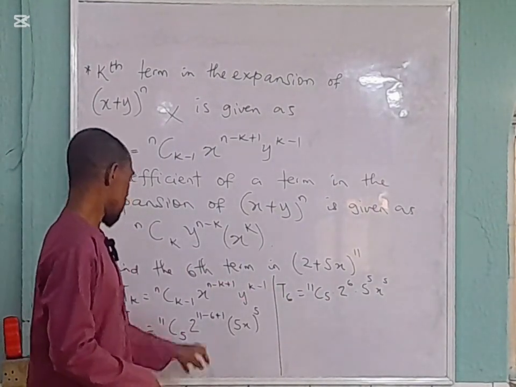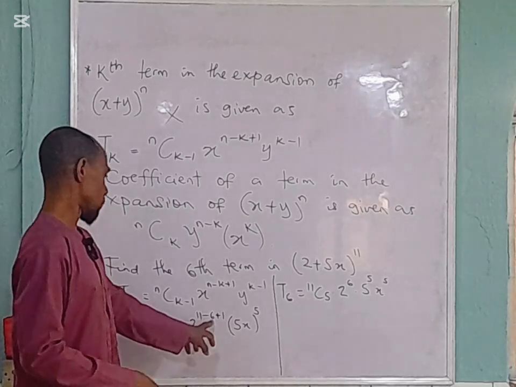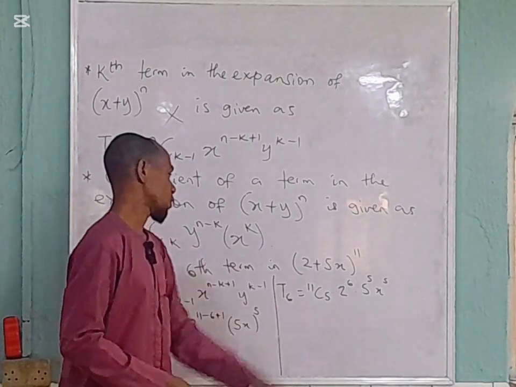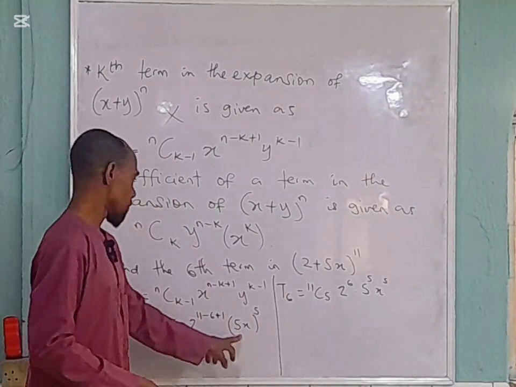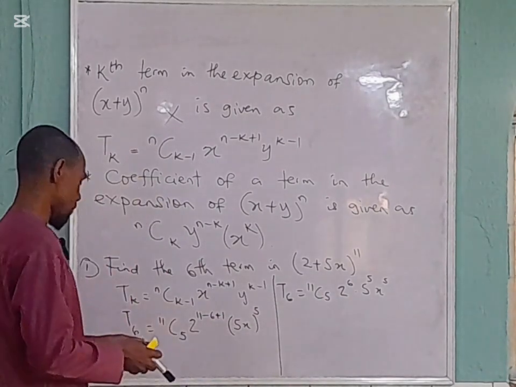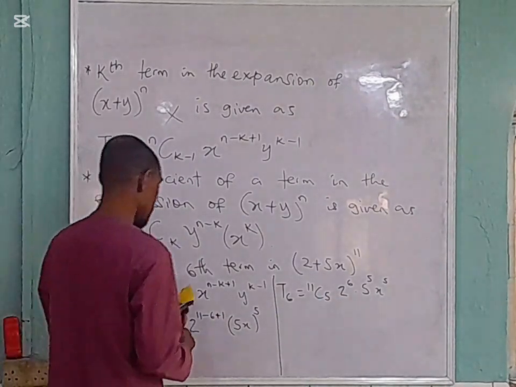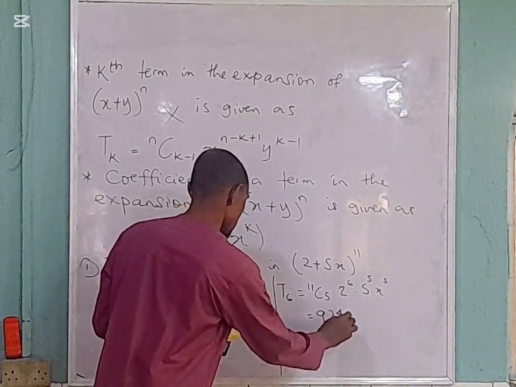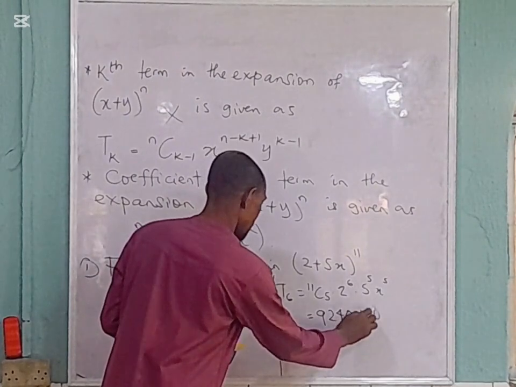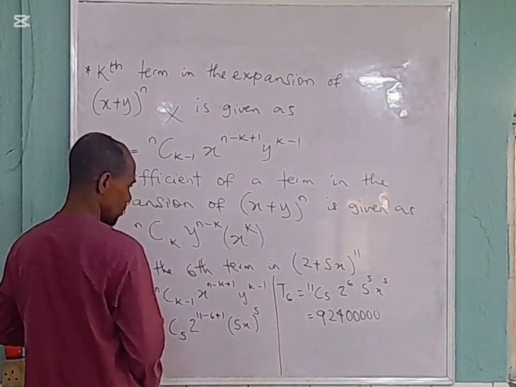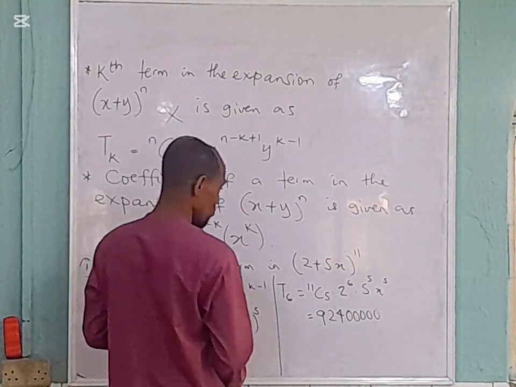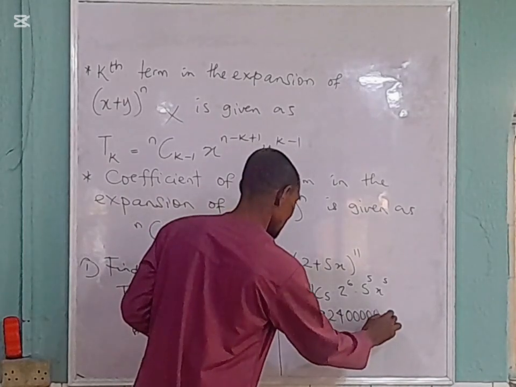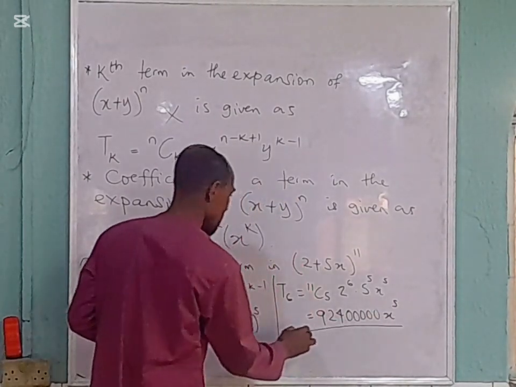Now, 2 to the power 11 minus 6 is 5, plus 1 is 6. Then 5 power 5 and x power 5. When you compute everything there, you're going to have as your answer 924 times 64 times 3125, that's 92,400,000 x to the power of 5.